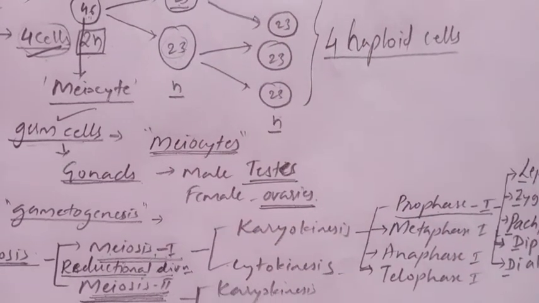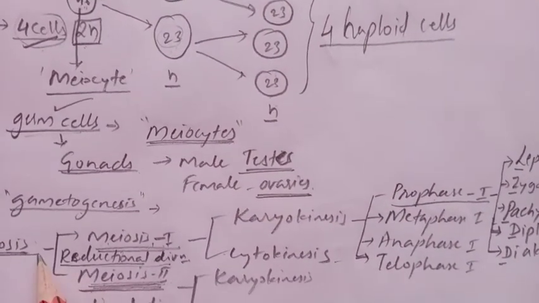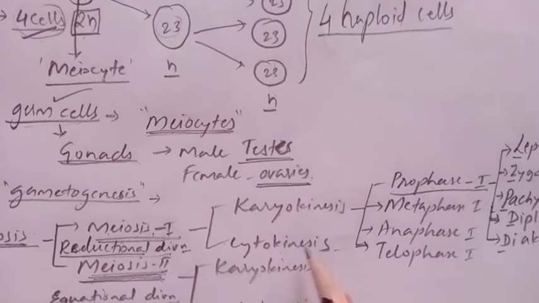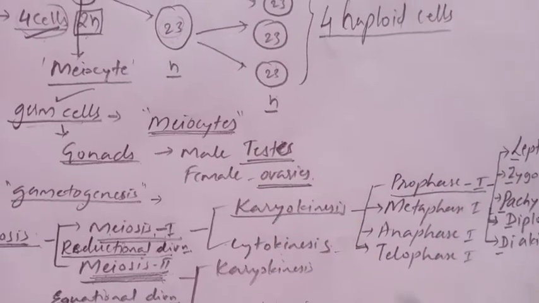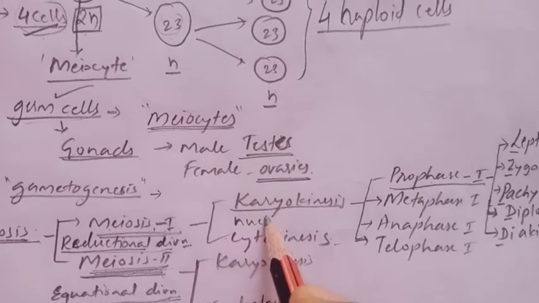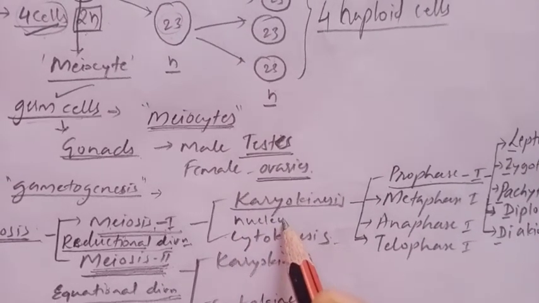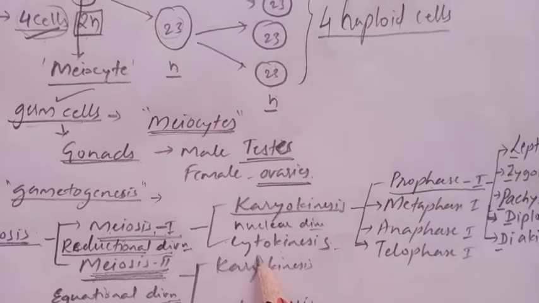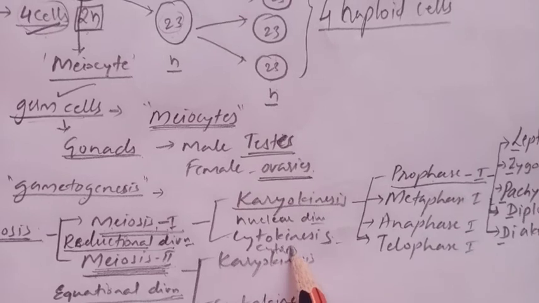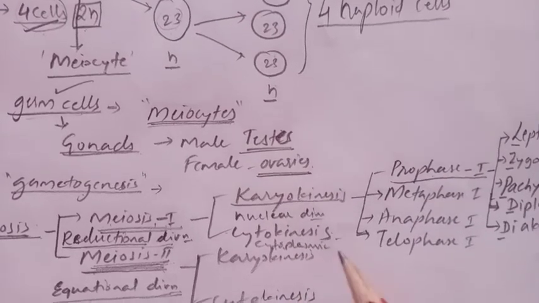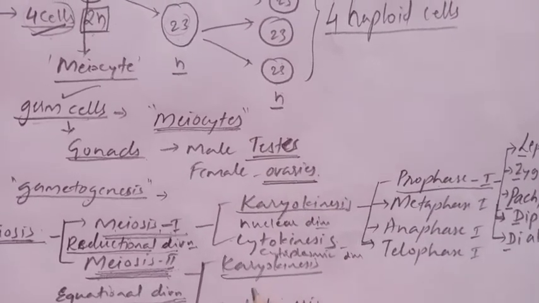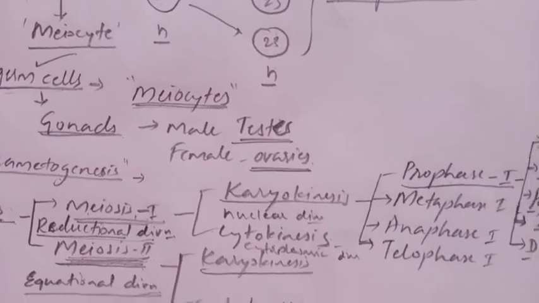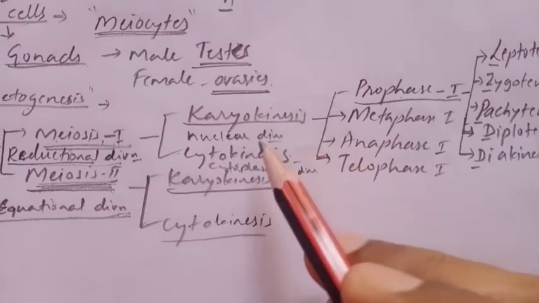Finally 4 cells are formed, and each meiosis, first or second, involves karyokinesis, which is followed by cytokinesis. Karyokinesis means nuclear division, division of the nucleus, and cytokinesis is cytoplasmic division. Same here also, karyokinesis and cytokinesis take place.